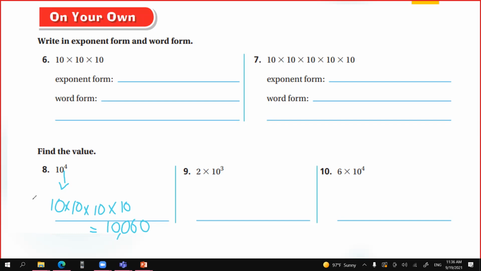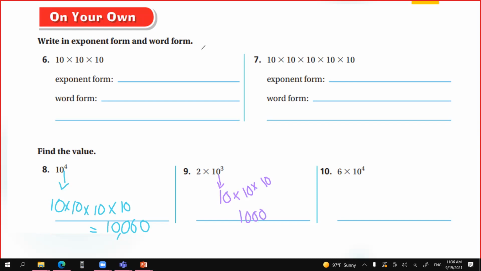Yes, Malak. 2 times 10 to the power 3. Wait, 10 to the power 3. What does it mean? 10 times 10 times 10. Bravo. 10 times 10 times 10 equals 1,000.